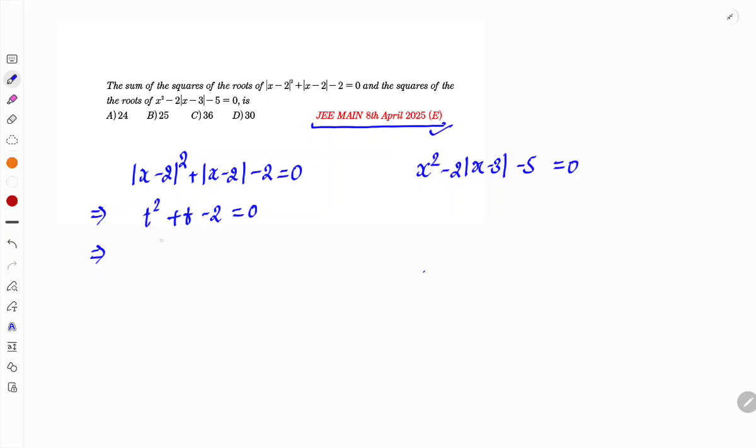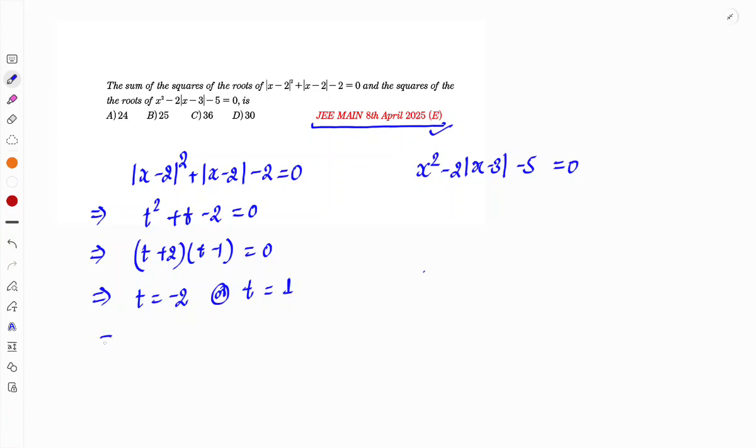Factorize it: (t+2)(t-1) = 0. From here we get t = -2 or t = 1.